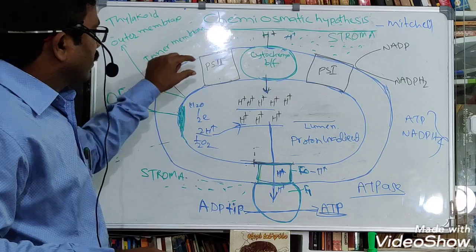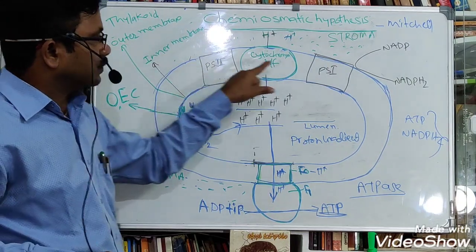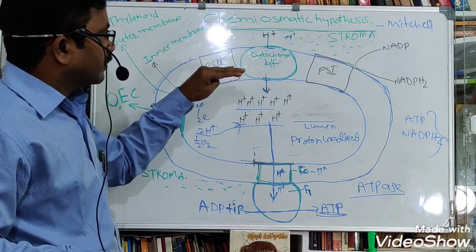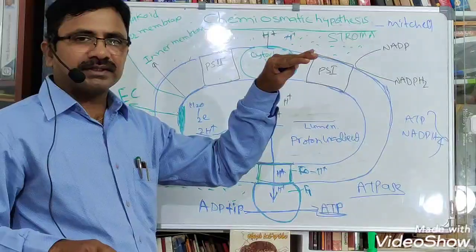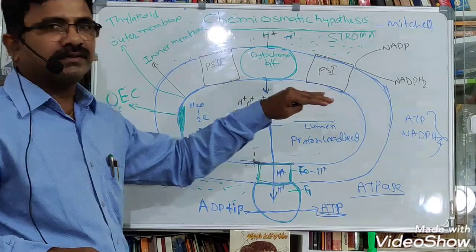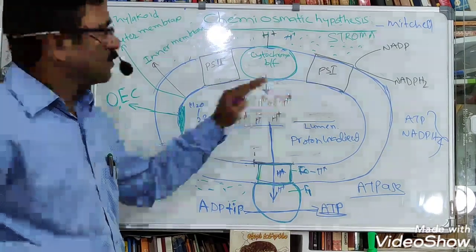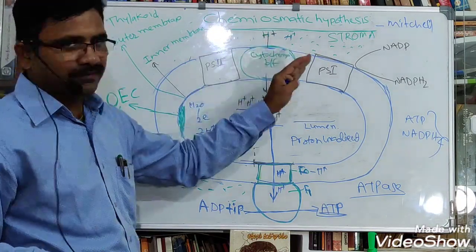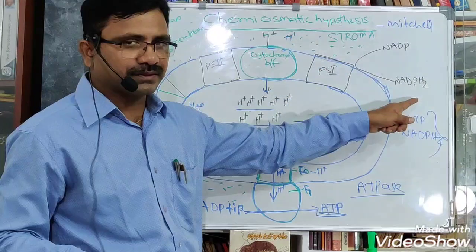Here, in non-cyclic electron transport, two photosystems are involved. When these photosystems receive light energy according to their wavelength, they expel electrons. So the electrons move from PS2 to PS1. Finally, they reduce NADP to form NADPH2.